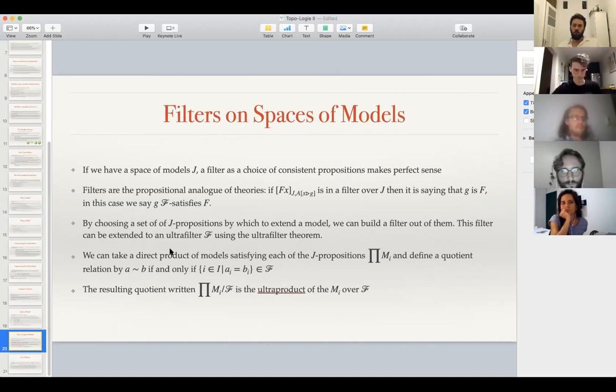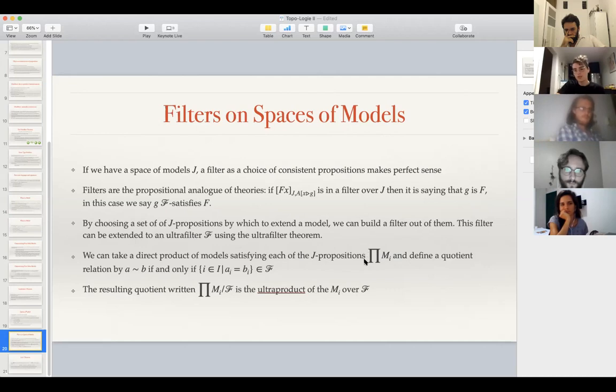And then we take direct products of models satisfying each of the J propositions. So we're going to take a bunch of models, all the models that satisfy whatever set of axioms or propositions we care about. These are the M_i. Each M_i is some model that satisfies some of these propositions.